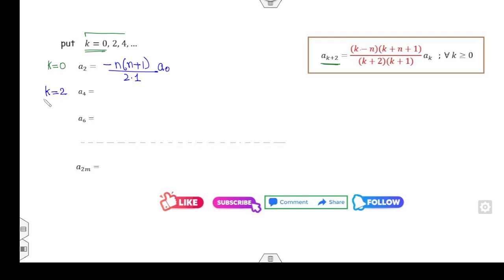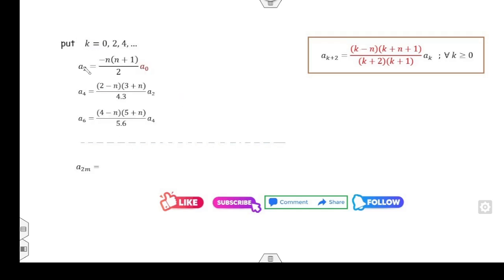a4 कैसे बनेगा, when you substitute k is equal to 2, you will get 2 minus n, 2 plus 1 is 3, divided by k is equal to 2, 2 plus 2 is a 4, 4 into 3 of a2 and so on. Clear? I can substitute the value of a2 at this point.